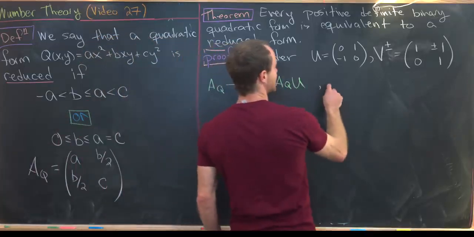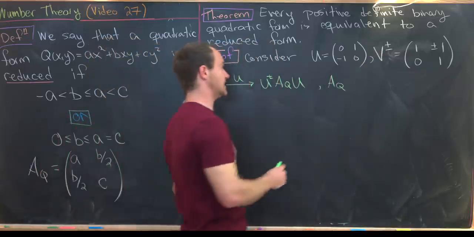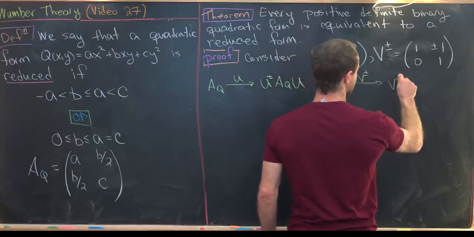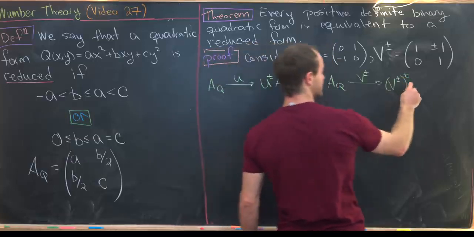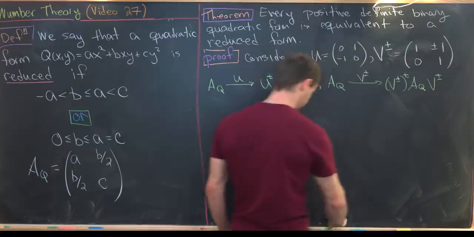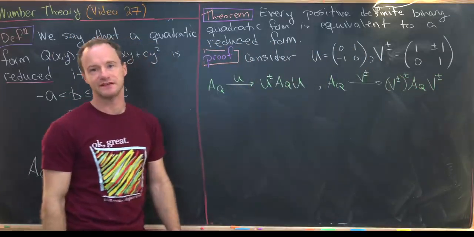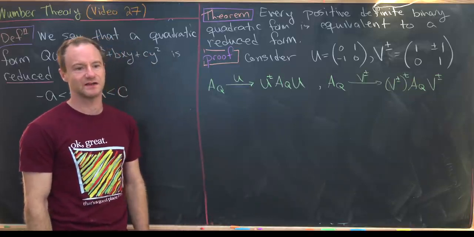And then the same thing happens for doing this action with V. So arrow over it with a V plus minus, we get V plus minus transpose, depending on if we're doing the plus or the minus, and then A_Q, and then V plus minus. That way we just don't have to write the conjugation by these matrices over and over and over again. I think this is going to be quite time saving.